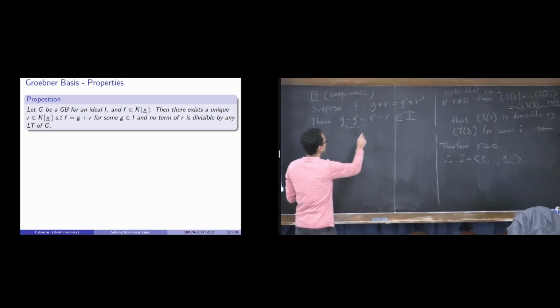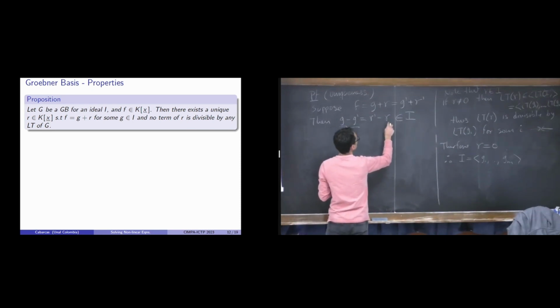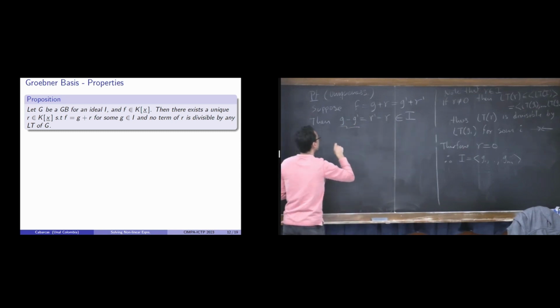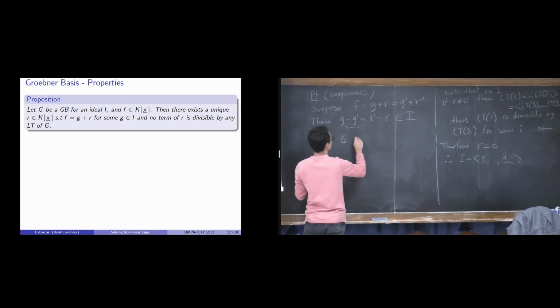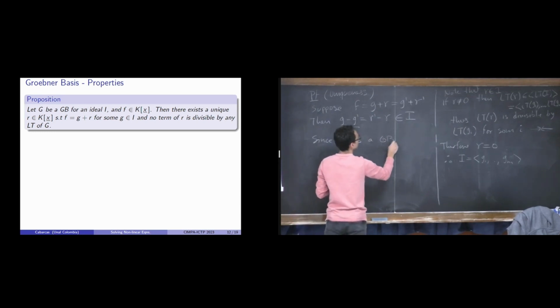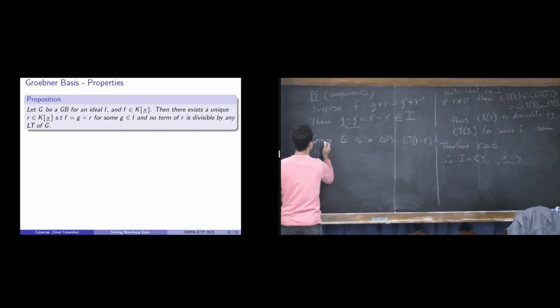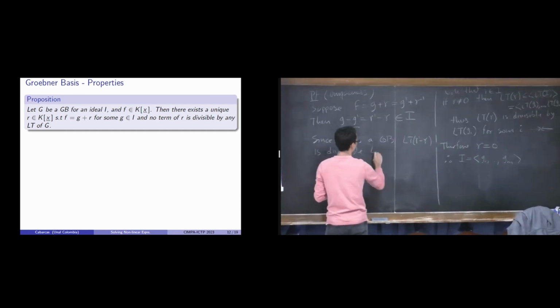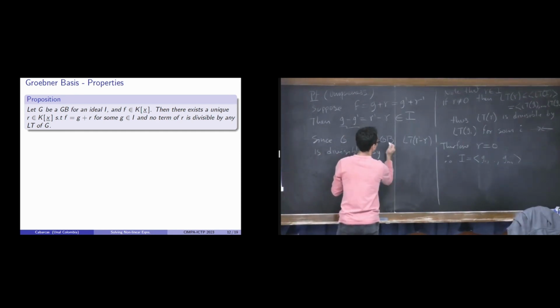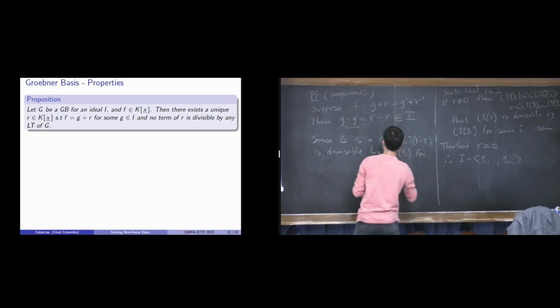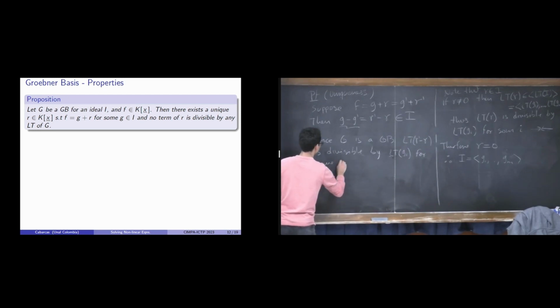So since G is a Groebner basis, the leading term of R prime minus R is divisible by the leading term of G_i for some i.